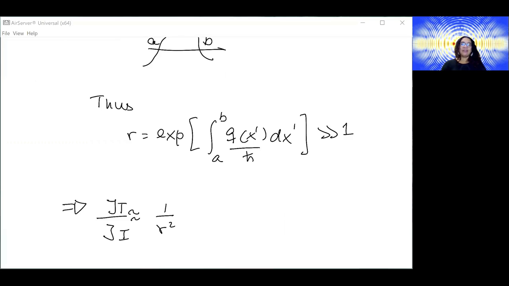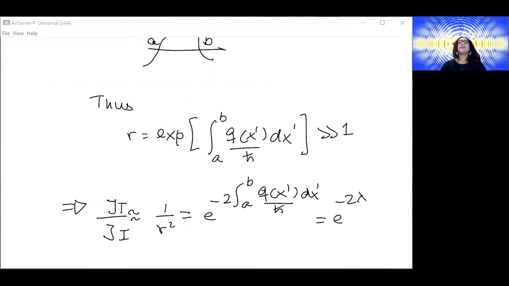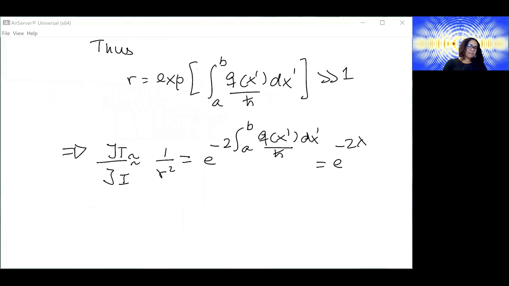And this is going to give me e^{-2 lambda}, where lambda is the integral from a to b of q(x') dx' divided by h bar.